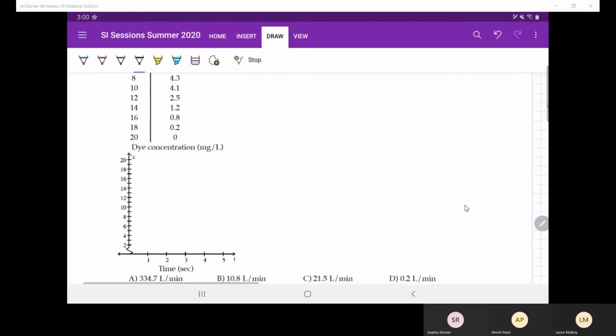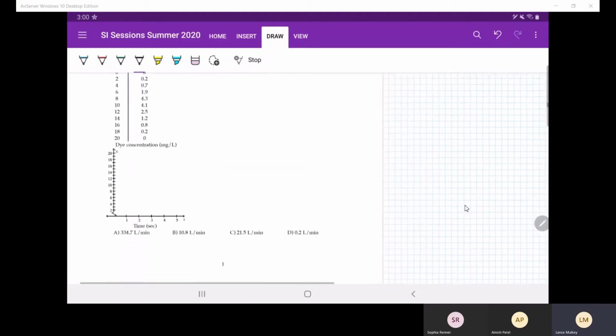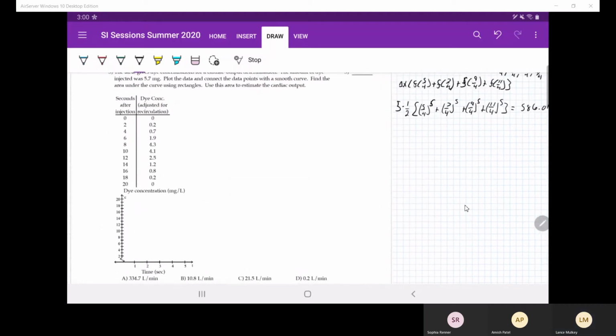But y'all see what I'm saying with this graph? It's labeled wrong. The time should be from 2 to 20, and the other one should be like from 1 to 5.